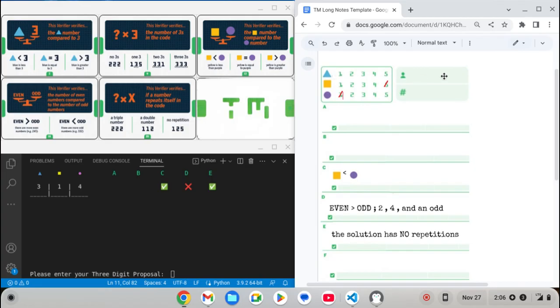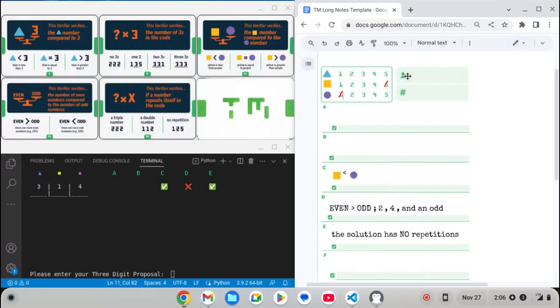You're not really comparing triangle with any of the other digits. Could it be less than 3 or greater than 3? Well, I guess it could, but again, you'd fall under, well, is it odd or even, right? Is it a 1 or a 2 versus a 4 and a 5? So we just don't know that.